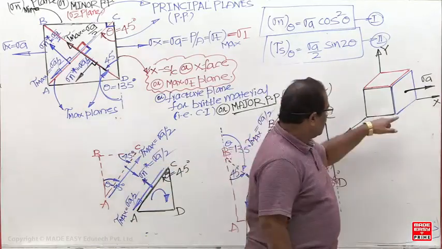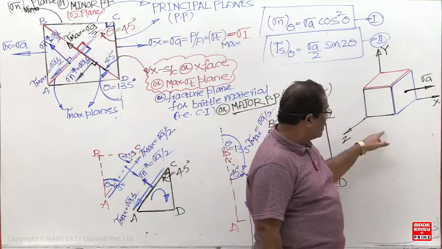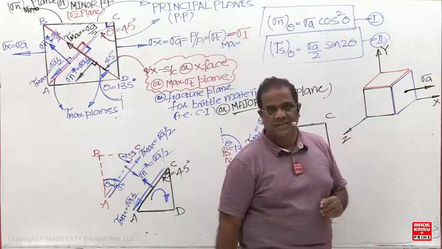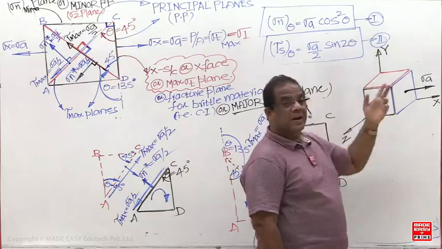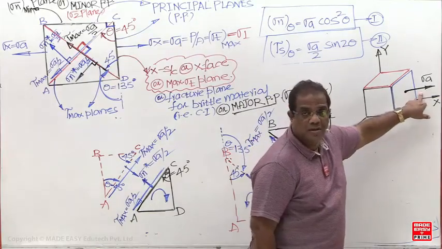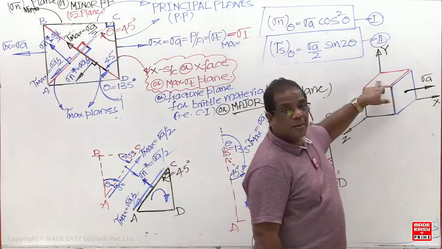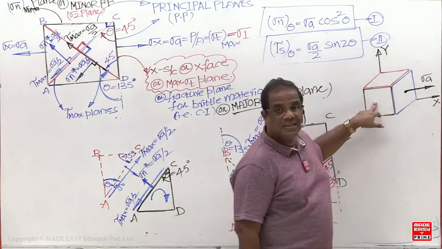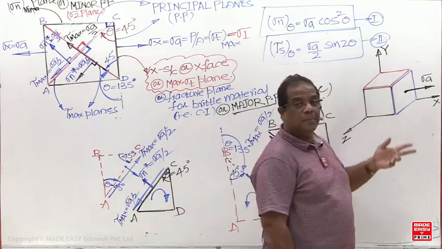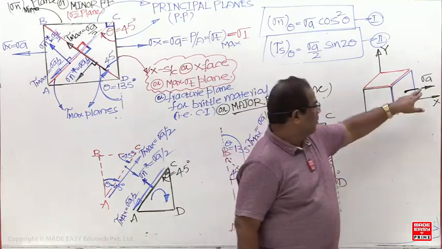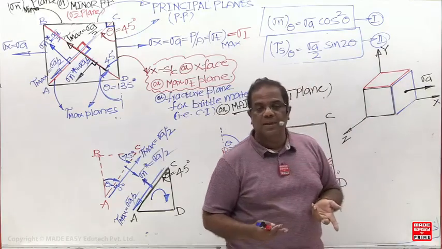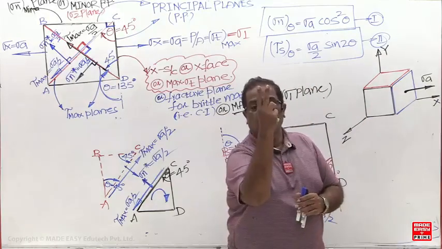The normal stress on these three planes is called what? The principal stresses. The normal stress on these three planes is called the principal stress. But on this plane, is the normal stress 0 or non-zero? Non-zero, it is sigma A. But the normal stress on this plane is 0, and on this one also 0. So one will be non-zero. Out of the three principal stresses, how many are non-zero now? Only 1 is non-zero.